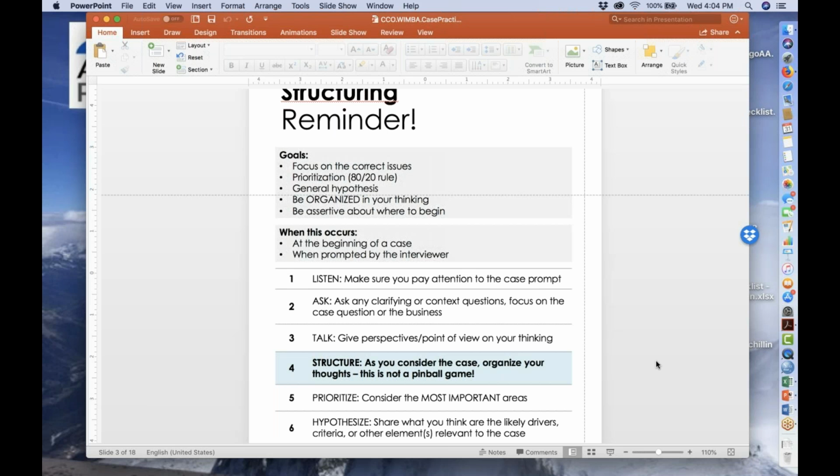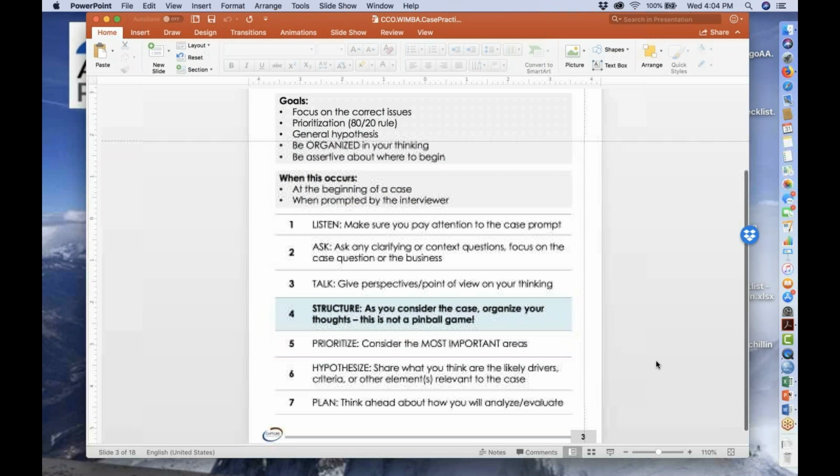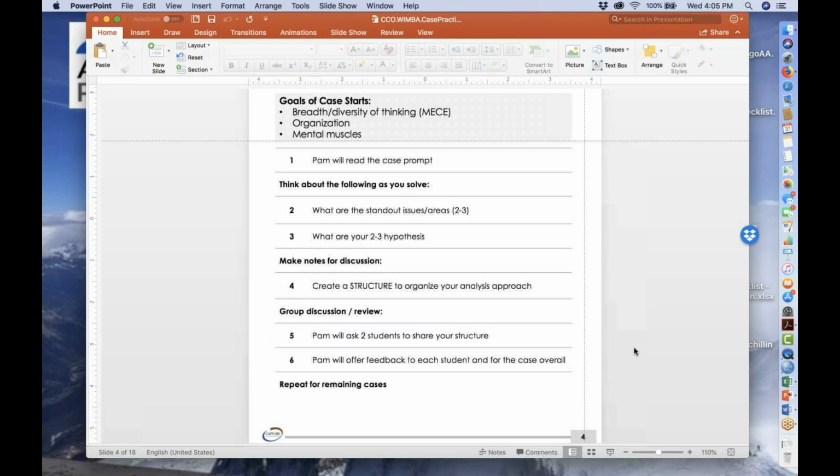Normally in a case interview, you would ask some questions. You would also be talking a little at the beginning to give some of your perspectives and point of view. Then you would jump into what we're going to do today, which is the structuring: prioritizing and organizing, applying some hypotheses, and then planning a little about how you're going to evaluate or analyze the question presented to you.